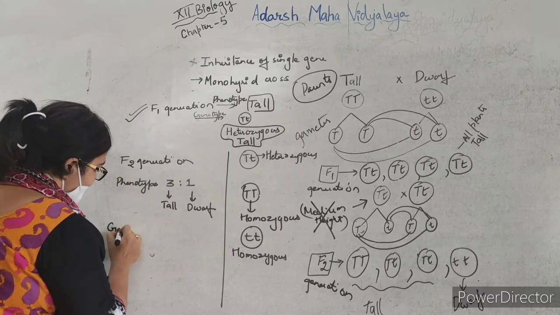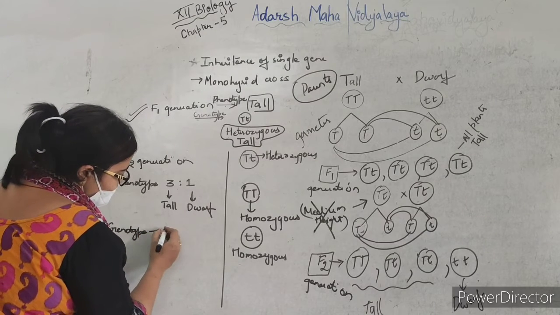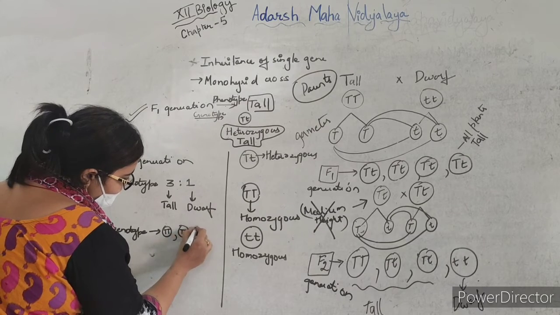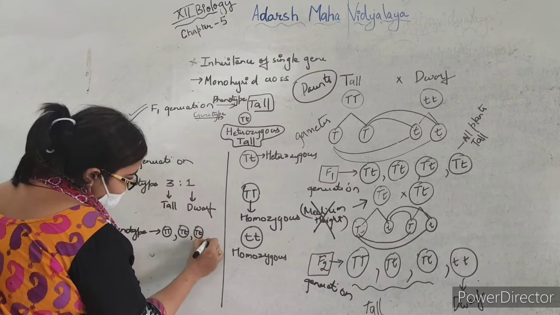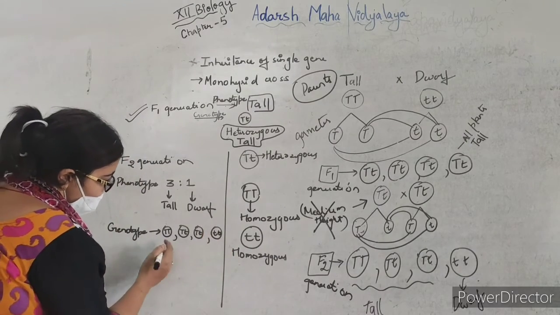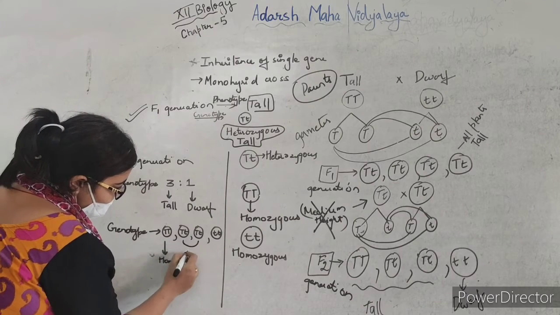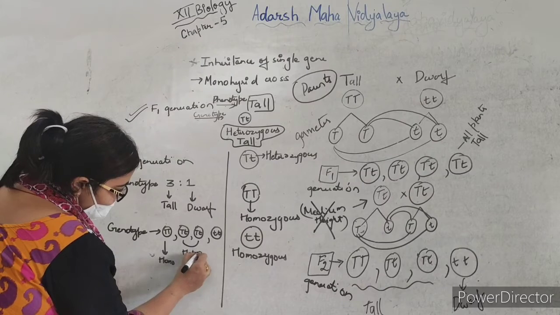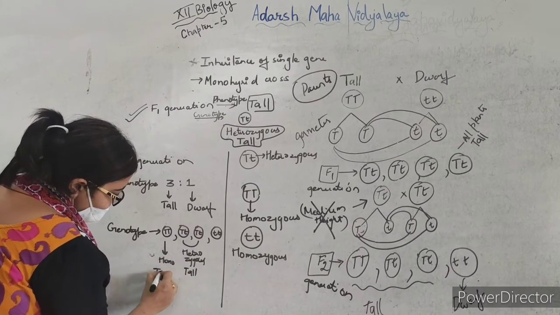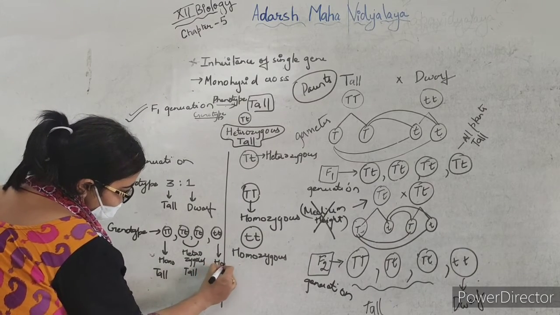Now what was the genotype? Genotype, we saw 4 plants. Capital T small t, capital T small t, and the last was small t small t. Okay, so this is homozygous tall, these both are heterozygous tall, and this was homozygous dwarf.